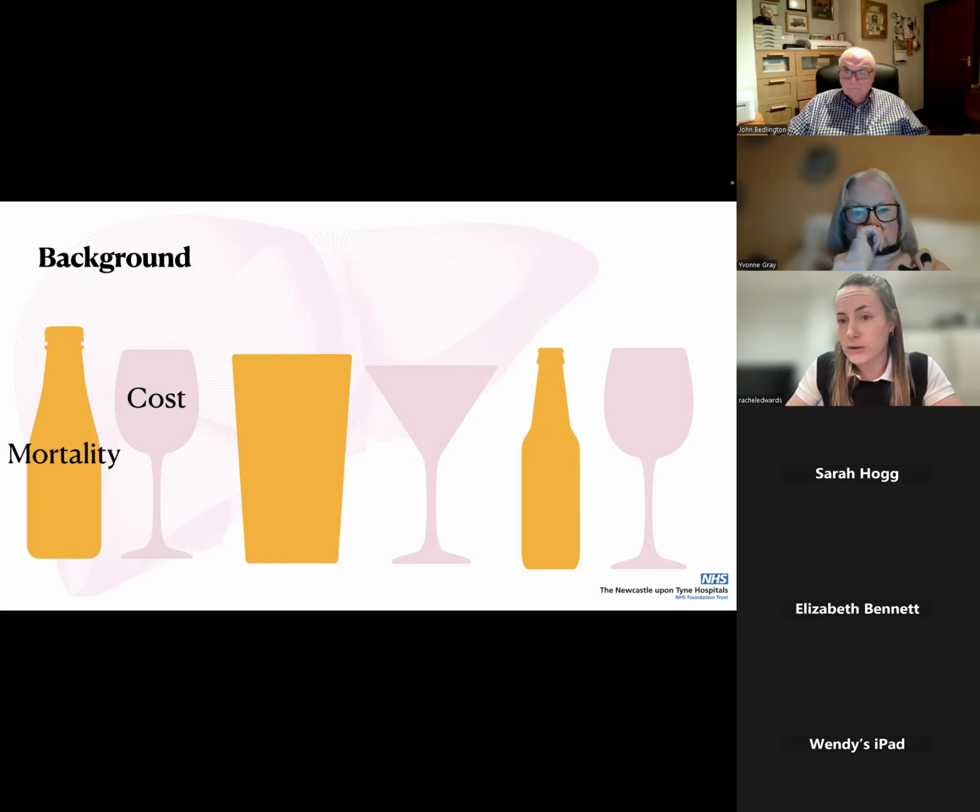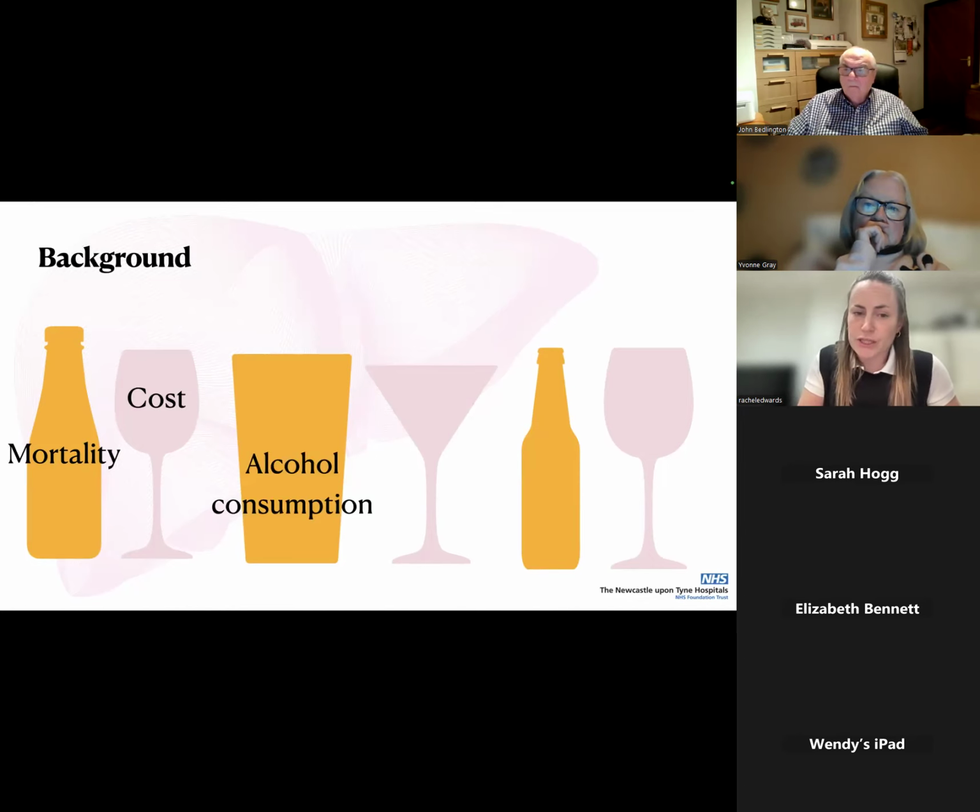Those are also quite costly. So they're often repeated admissions relating to alcohol use, but also in the patients whereby cirrhosis hasn't been identified until it's too late, those admissions with advanced liver disease are far more costly and lengthy than perhaps picking up these patients earlier and intervening sooner. So any intervention that allows for that would seem worthwhile, and we wanted to explore that.